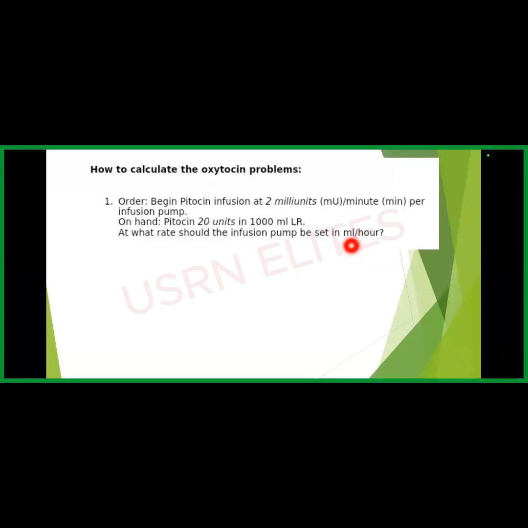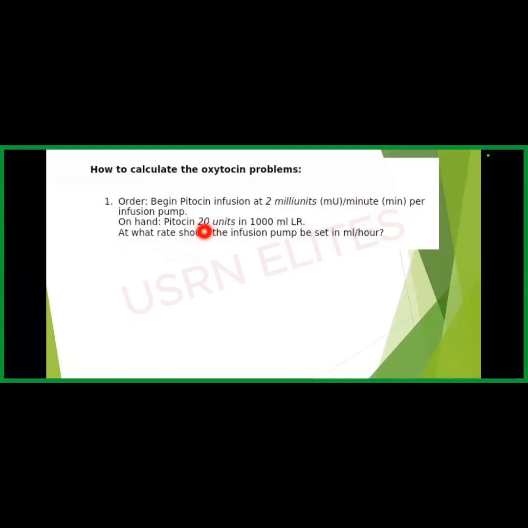For every question, the first thing I always say is inspect your question. Look at what the question is saying, the last part. The first 3 lines here are preamble to the question. This is the main question being asked: at what rate should the infusion pump be set in mils per hour? I'm stressing this because of how this has been written.